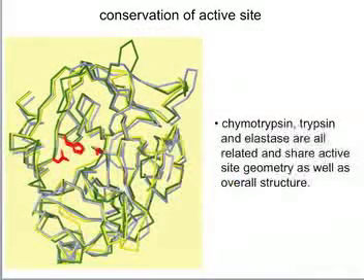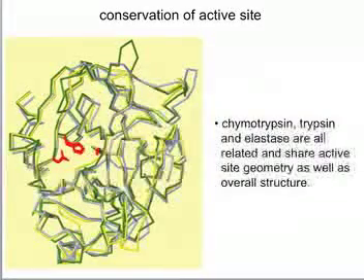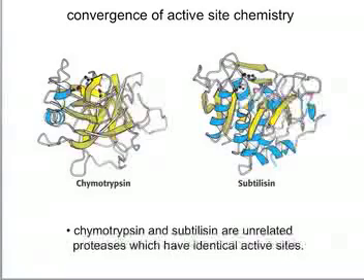Okay. These are some reiterations of old ideas for us, just reminding you of the idea of the conservation of this active site. Here are 3 structures overlaid: chymotrypsin, trypsin, and elastase. I believe these are all enteric proteases, and they all have very closely related structures, and obviously their active site geometry is very closely related. But for those of you that like convergence, the serine proteases are also a fairly good example of convergent discovery of the same active site chemistry.